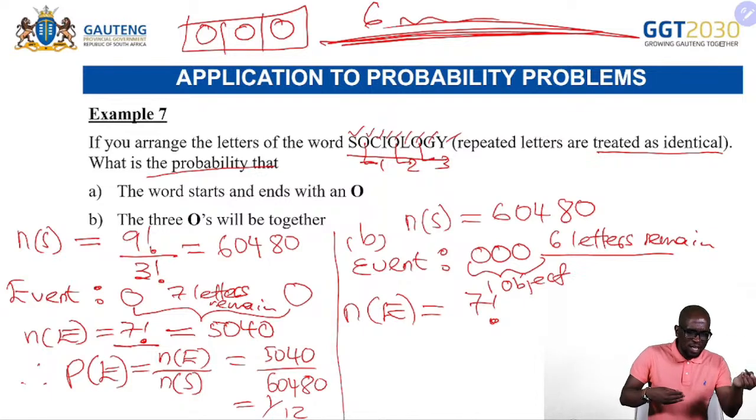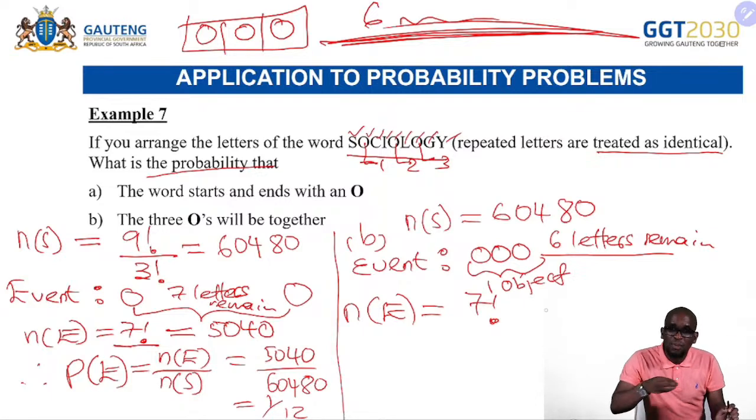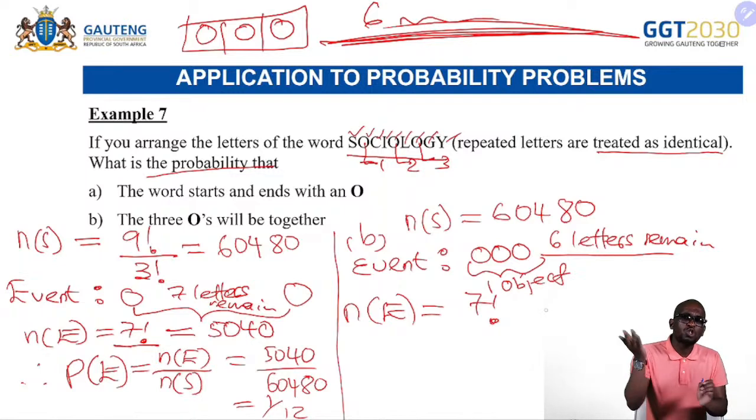If you remember in the other problems, we multiplied by 3 factorial. But in this case, we should not multiply by 3 factorial since the 3 O's are identical. If there were different O's, you would have O1, O2, and O3, which can interchange positions. But because the O's are identical, we will not be interchanging their positions.